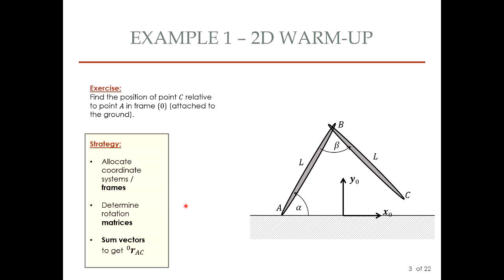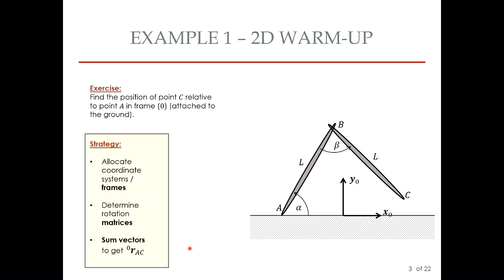Let's say we would stick a coordinate system attached to link AB and another one attached to link BC. Let's say we label them as 1 and 2. We would like to find rotation matrices between 2 and 1, 1 and 0. This is the second step. And the final step would be to find the vector that we are aiming to find.